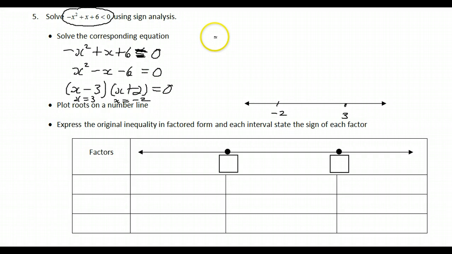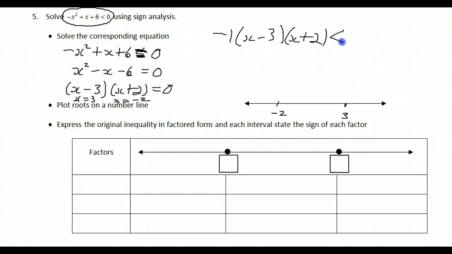Okay, the original inequality is negative 1 times x minus 3 times x plus 2 is less than 0. Since the negative 1 is just a constant factor, we're going to combine it with the x minus 3 and consider it a single factor, and we will consider x plus 2 to be a single factor.